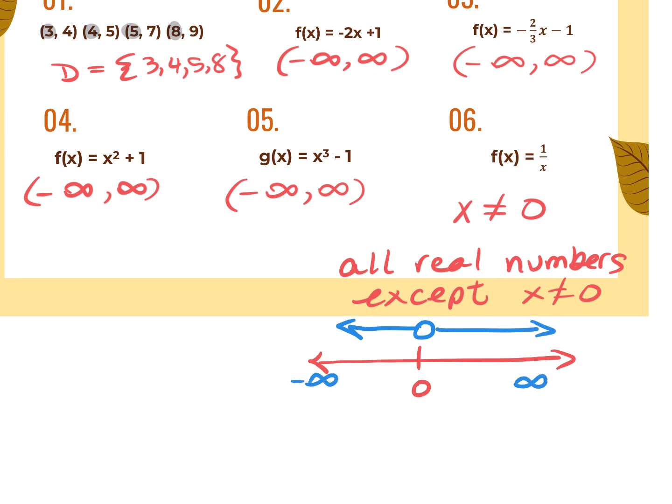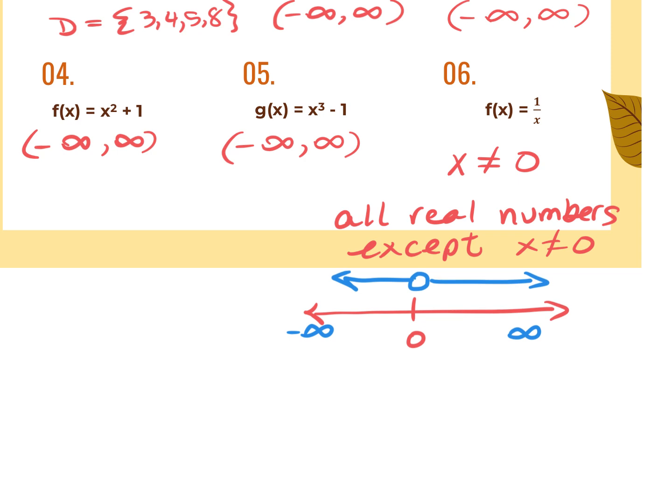So in interval notation, this will go from negative infinity up to the 0 with a parentheses because it's an open circle. So where that open circle is, that's going to be my union. And then it continues again, starting at the 0 and going to positive infinity. Just like before, the infinity and the negative infinity always gets parentheses.